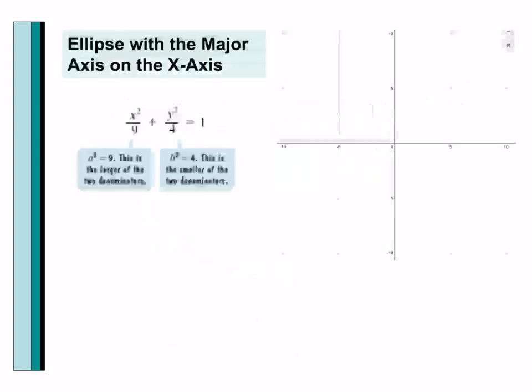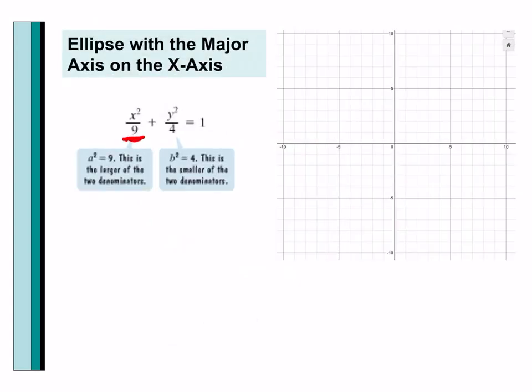Using it. All right, now just looking at this equation, you can tell a lot of things about this ellipse. The first thing you can tell is that it's centered at 0, 0 because it's just x squared and y squared. Then you can tell it's horizontal because the 9 is bigger than the 4. So you know A is 3 and B is 2.